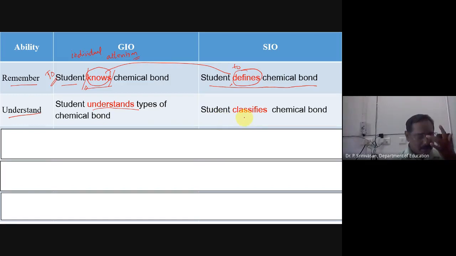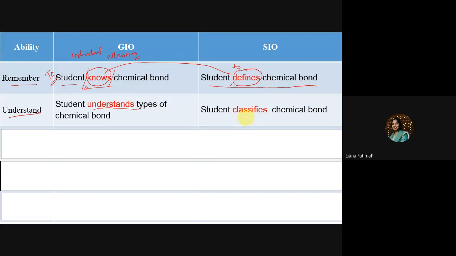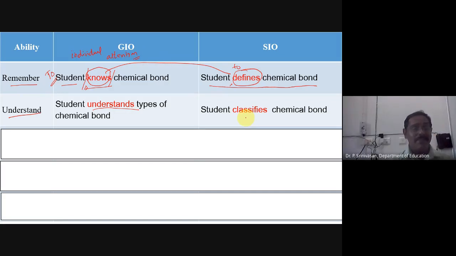Karthikeyan, where is the difference in understand? Karthikeyan is not there. No, sir. And that is why his father is asking whether he is coming to class or not. What to do? And they are correctly predicting.